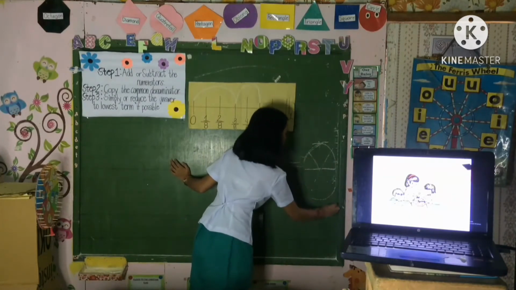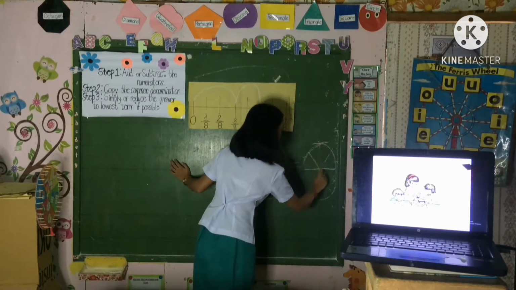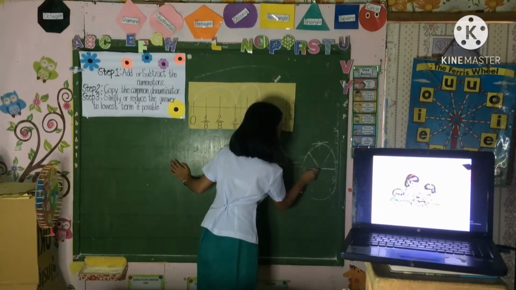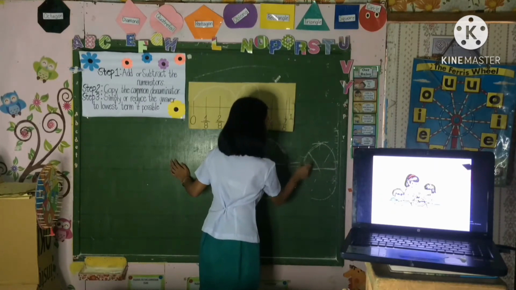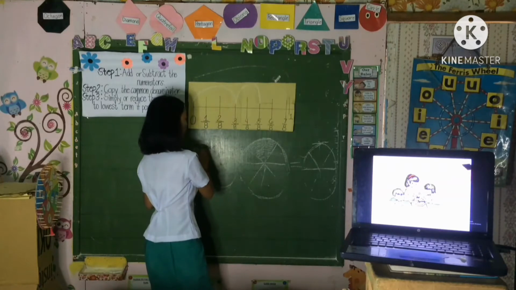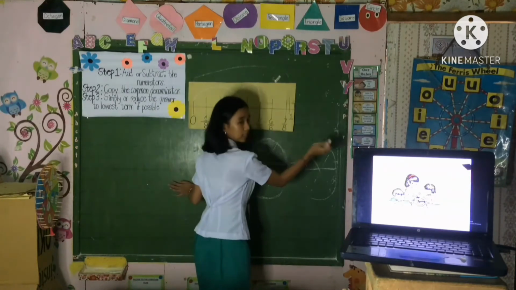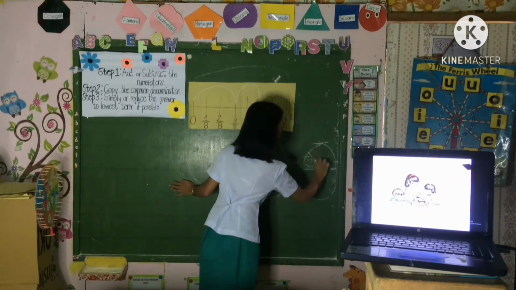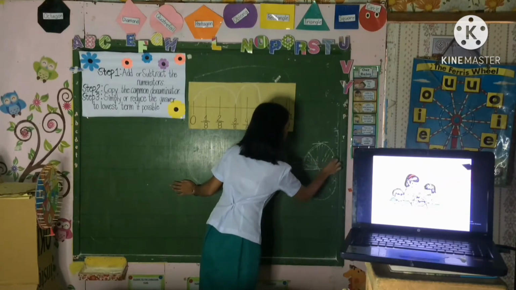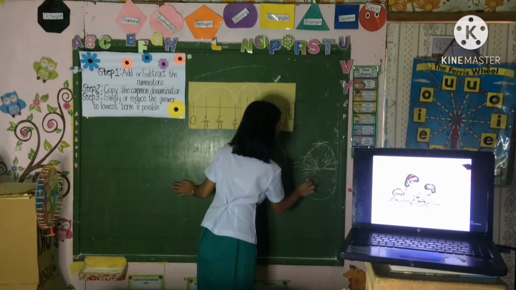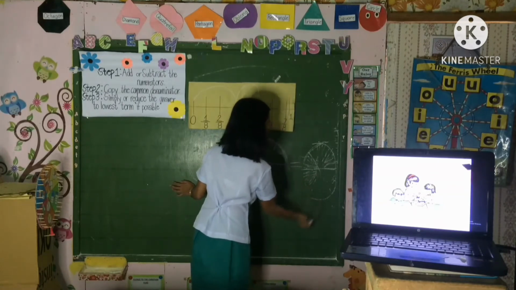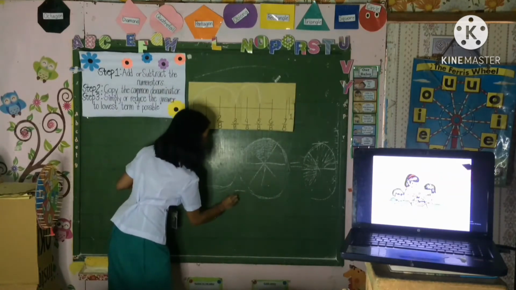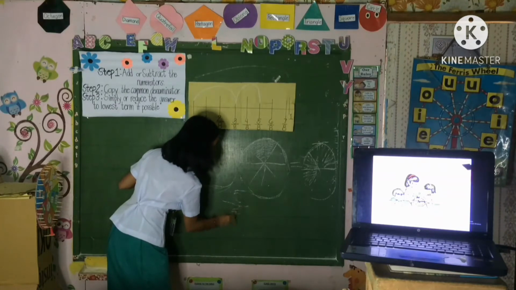So we will transfer the shaded parts in this illustration, okay? So the answer is 5 over 8.